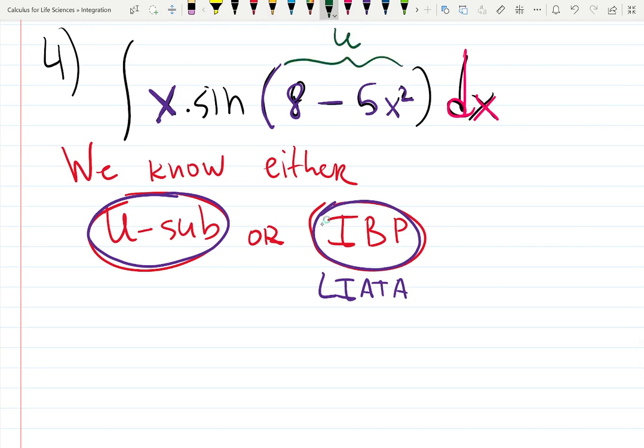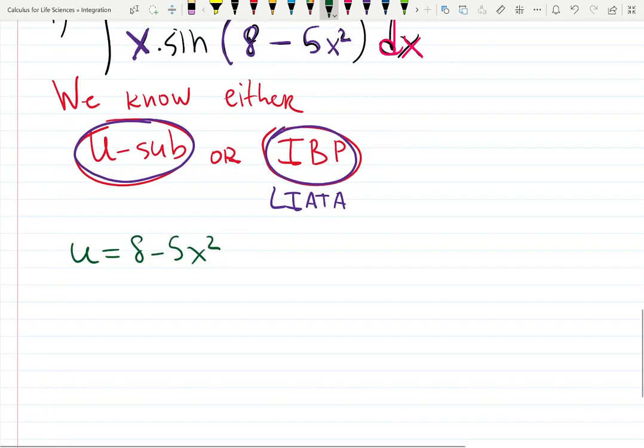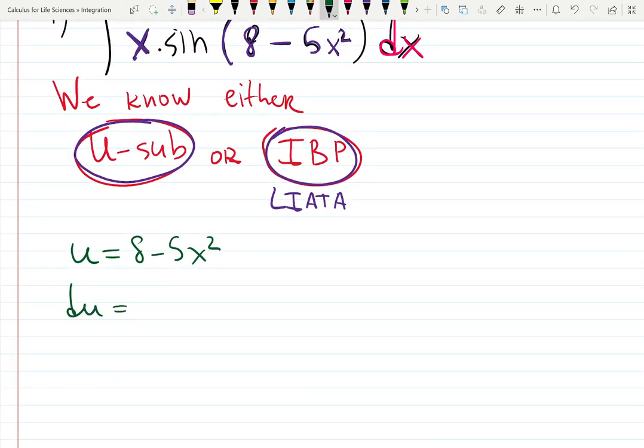If I choose everything inside to be u, one more hint actually: sine of something inside and that something is complicated, usually that is u substitution. Because sine has a thing inside, you don't like it, you want it to be sine of u. So you say let u be 8 minus 5x squared, and that will make it sine u, and that's how you know it should be u substitution. du is minus 10x dx.